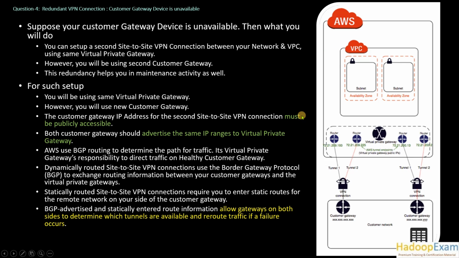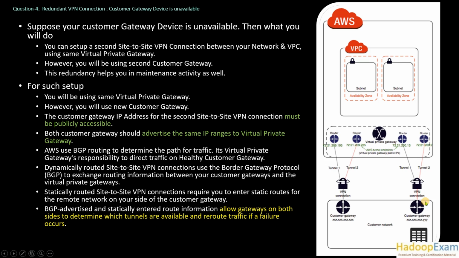As per this diagram, as you can see, the one below is your customer gateway, the local data center in your corporate data center, and this is your AWS VPC network. When you create a site-to-site VPN connection, AWS suggests you configure two customer gateways for redundancy purposes.